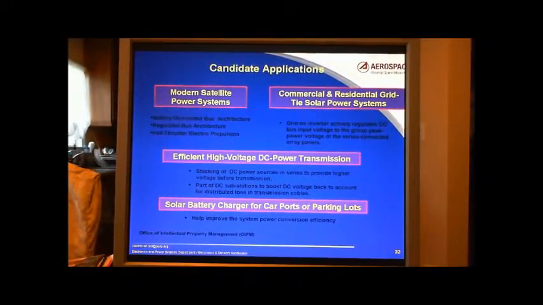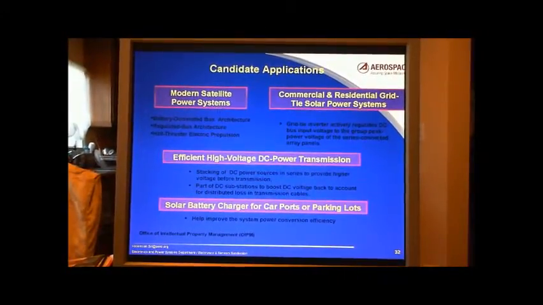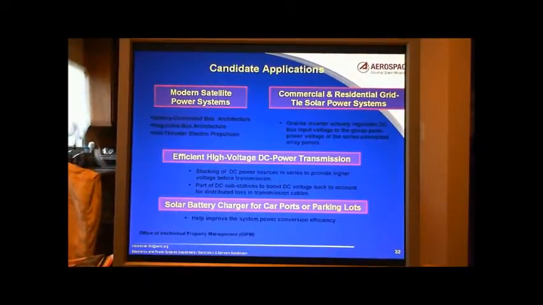Furthermore, another area is electric propulsion, such as Hall thruster electric propulsion, which requires high voltage to feed the propulsion system. Another area is commercial and residential grid-tied solar power systems.